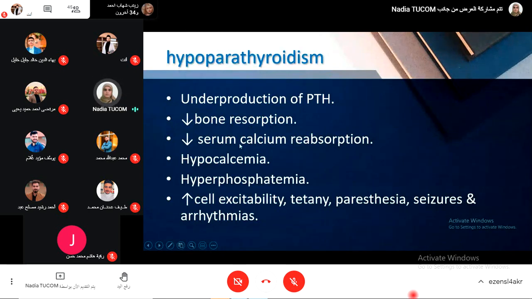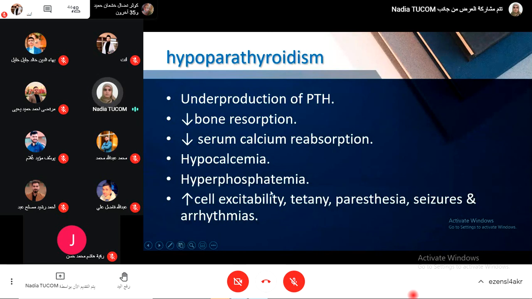Serum calcium reabsorption will also be decreased, so the effect of PTH will be lowered and serum calcium will be low. Hypocalcemia as a result of decreased bone resorption, and hyperphosphatemia, and also features of increased cell excitability as a result of hypocalcemia: tetany, paresthesia, seizures, and arrhythmias.